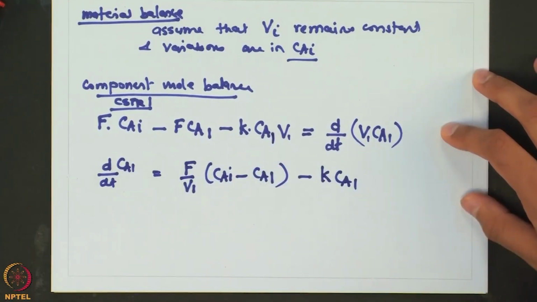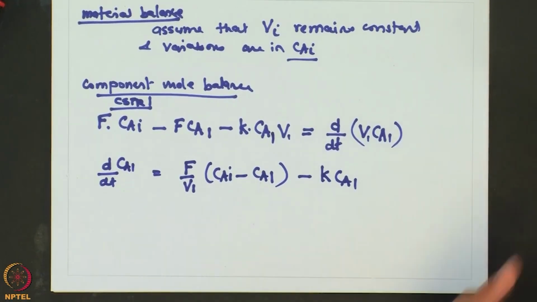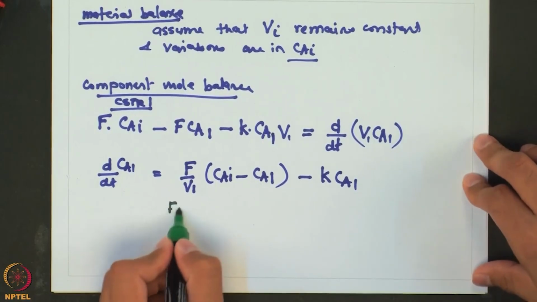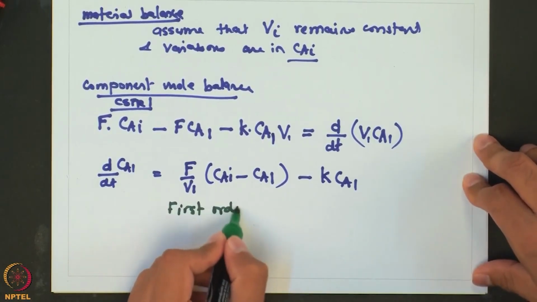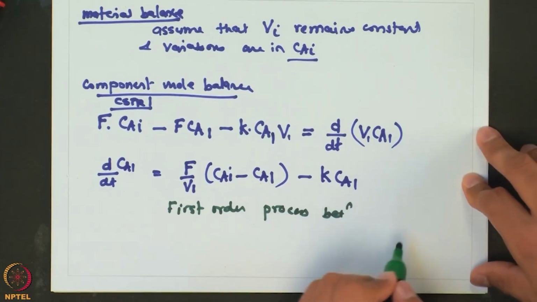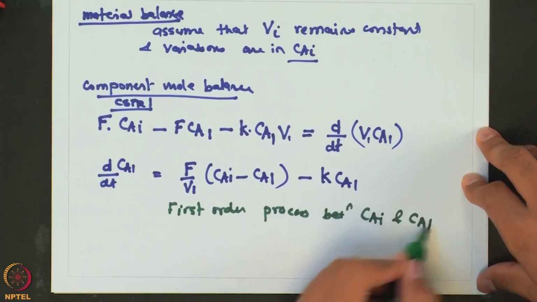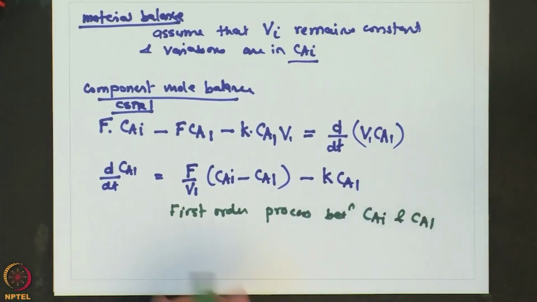So, this is our equation 1. You can see that this is a first order process between CAI and CA1. Our first CSTR is a first order process between its input concentration and output concentration.